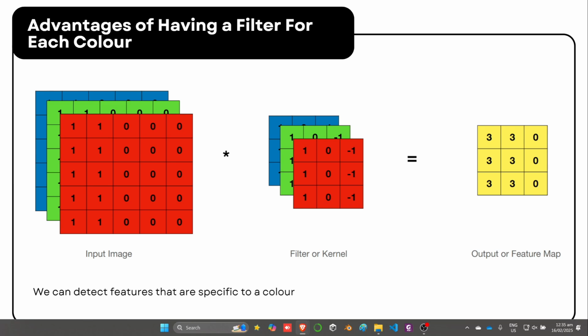The way we detect colors is by having these different color kernels here. One of these kernels could correspond to the red stop sign, and another could be meant to detect green signs and blue signs and different color combinations. That's why it's quite important to have a filter for each color component.